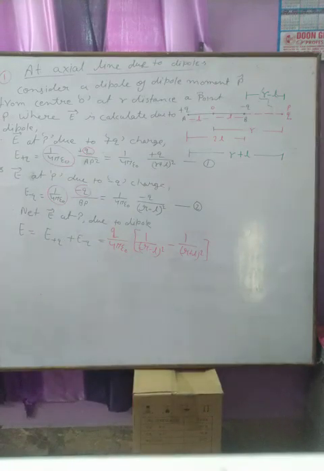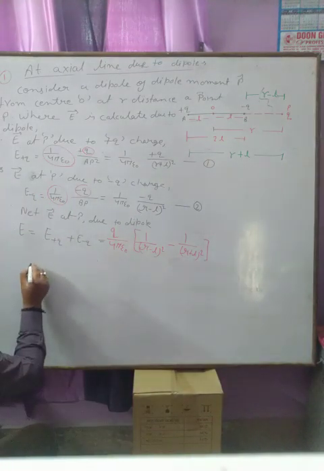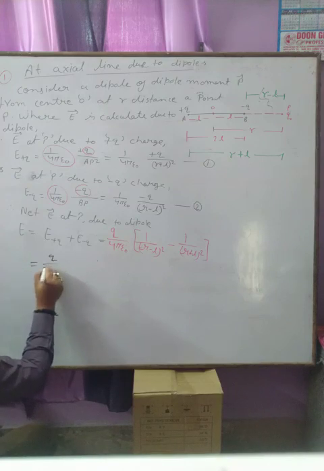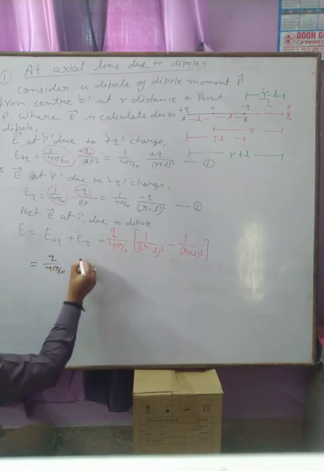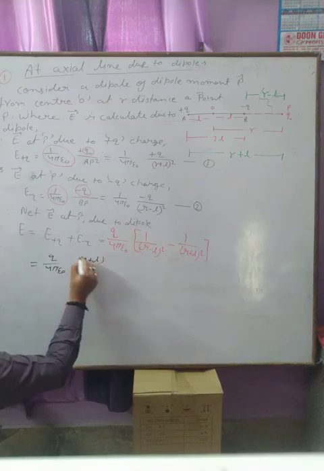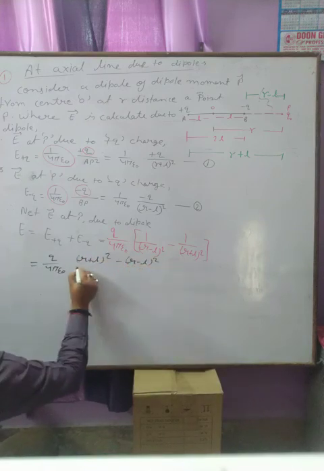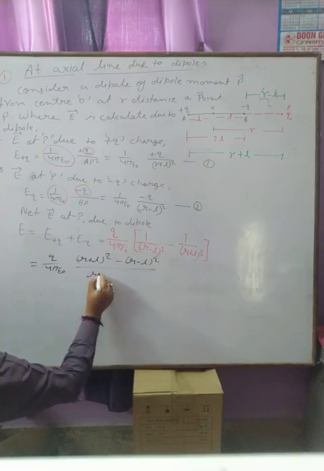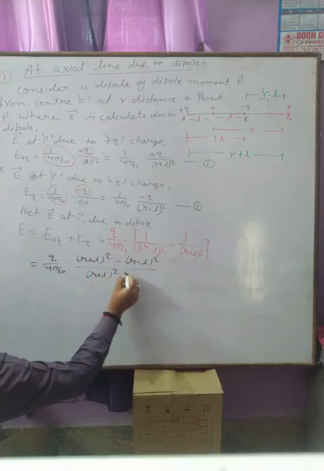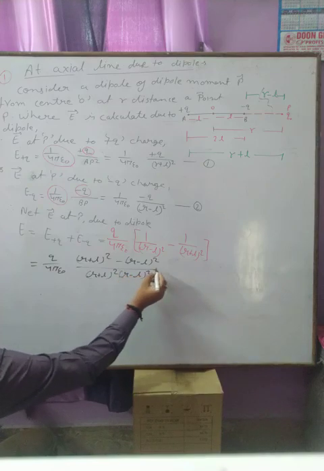Now we are taking the LCM of the denominator. In the bracket we get Q upon 4 pi epsilon naught, (R plus L) whole square minus (R minus L) whole square, and in the denominator (R plus L) whole square times (R minus L) whole square.